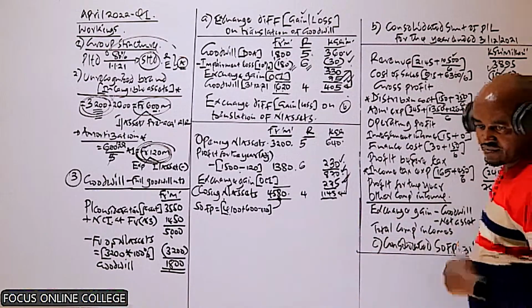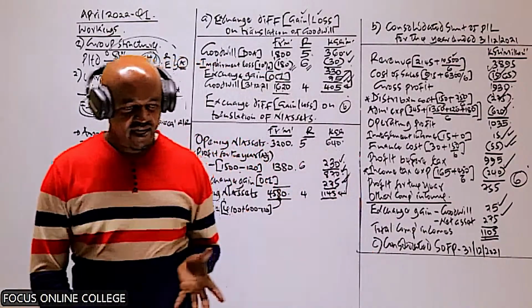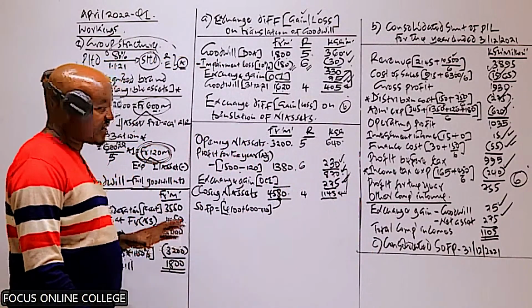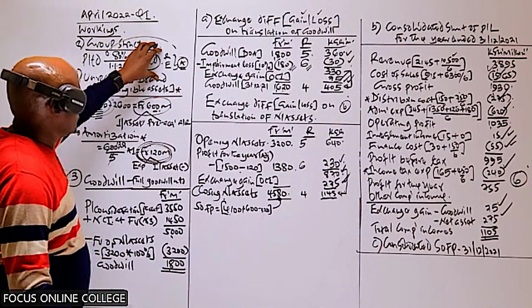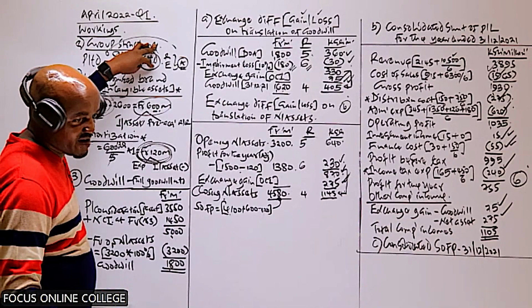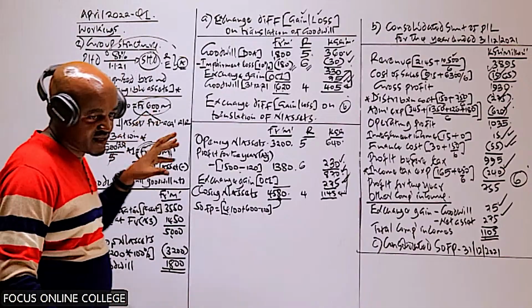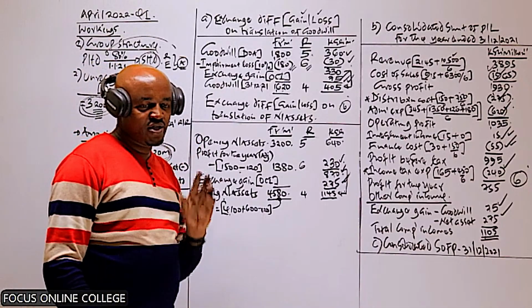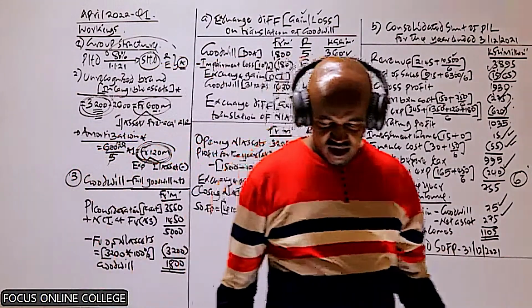How do we prepare this one? We prepare this by adding together similar items of assets and liabilities of P and S. But remember the assets and liabilities of the foreign subsidiary are in franc. We translate them into presentation currency using the closing exchange rate. That is what is important here.